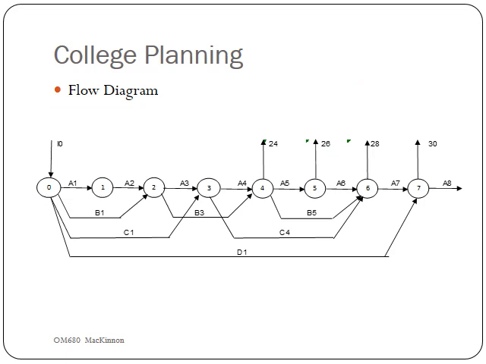So here's our flow diagram. We have nodes 0 through 7, representing the 8 years, the 4 years before college and the 4 years once college has begun. IO represents our initial investment. We basically put this in at the beginning, at year 0. Our yearly expense is at the end of each of the 4 years. Remember, it starts at 24 and goes up by 2,000 every year.